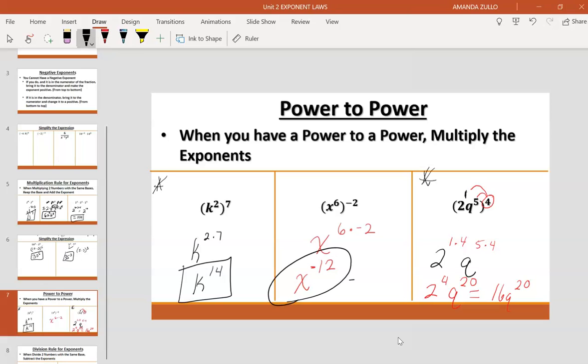So this entire thing needs to go to the bottom of a fraction. When that happens, that negative turns into a positive, and you keep 1 as your placeholder. And there you have it. Okay.